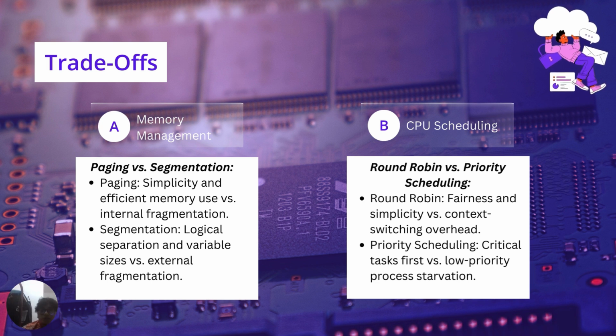For example, modern operating systems like Windows and Linux use paging to manage memory, allowing processes to use non-contiguous memory spaces efficiently. For segmentation, the benefit is that it can provide logical separation of program components, for example code, data, and stack, and it can support variable size memory segments, reducing internal fragmentation.